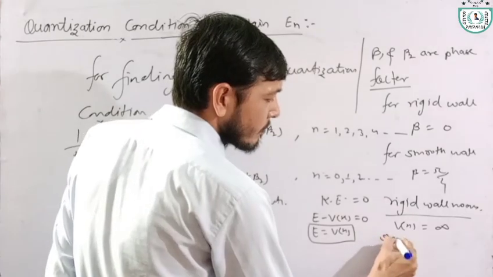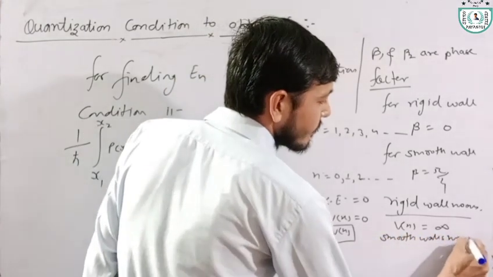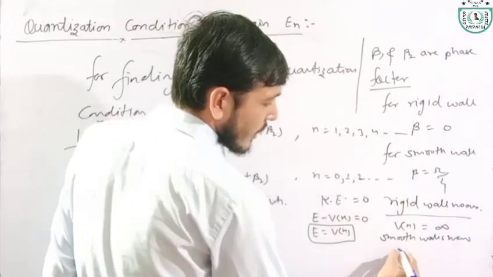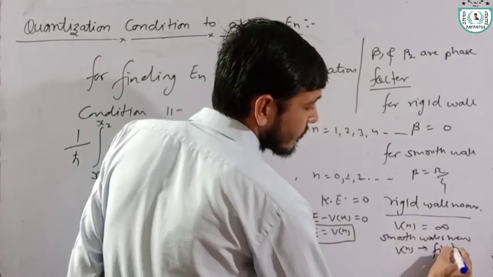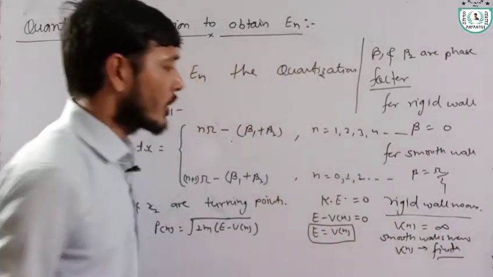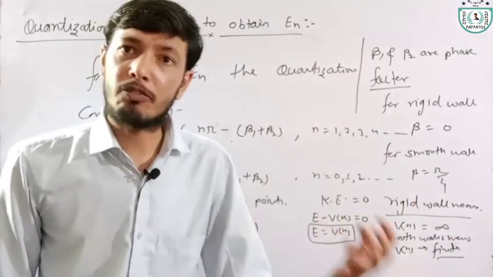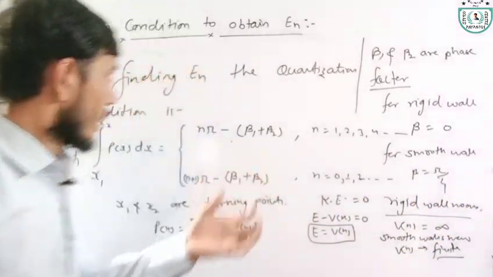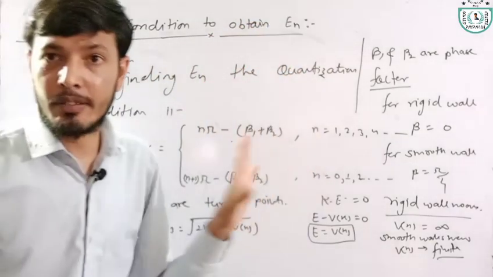Smooth wall means potential is finite. For a rigid wall, potential is infinite, and for a smooth wall, potential is finite. This is the quantization condition to obtain En.